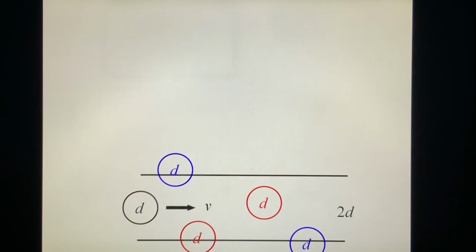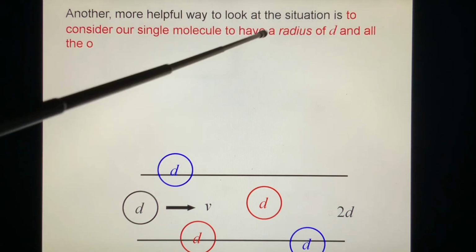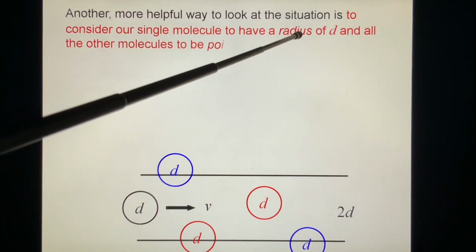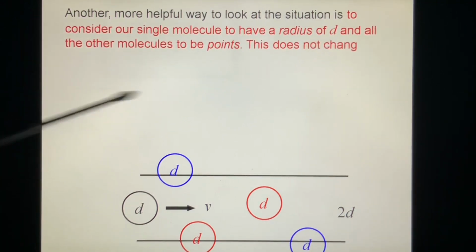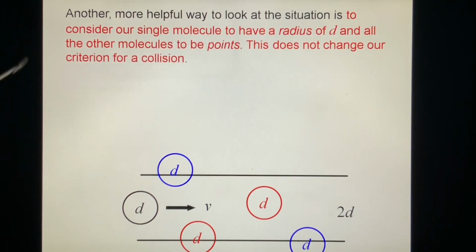Now, we do it a different way. Another more helpful way to look at the situation is to consider our single molecule to have radius d, not diameter, and all other molecules to be points. This does not change our criteria for collision.